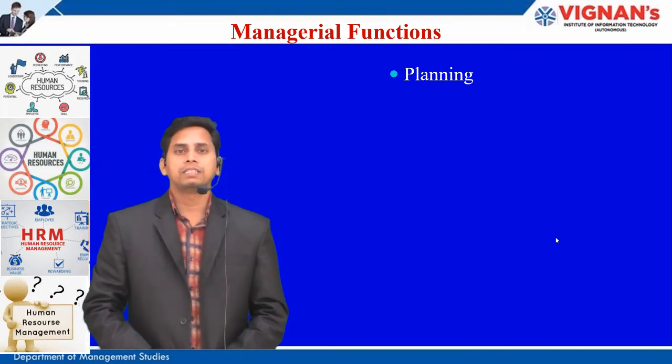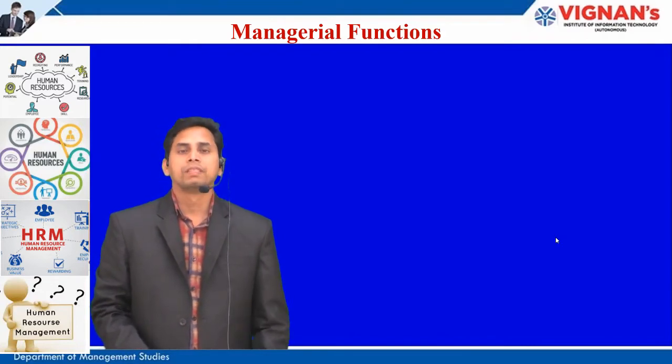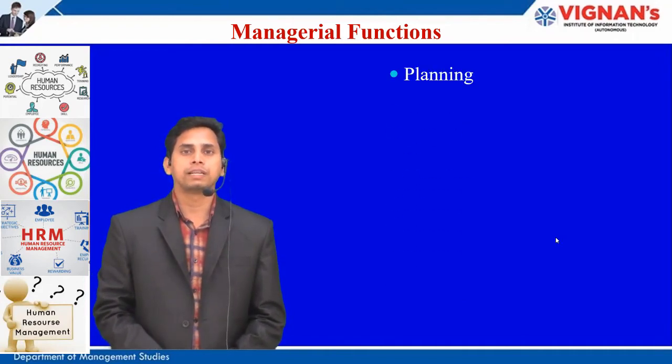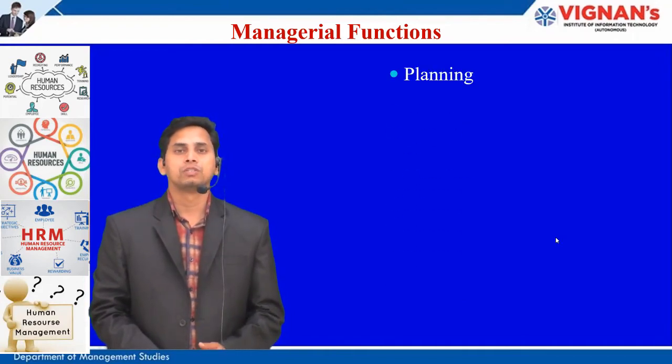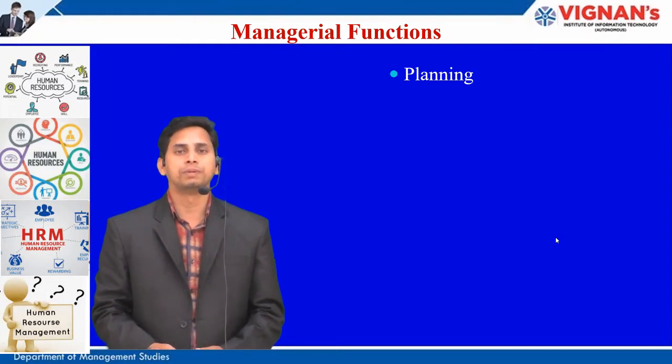Now let's see the managerial functions of the human resource manager. The first function for the human resource manager is planning. Planning is of course one of the primary functions for the human resource manager.